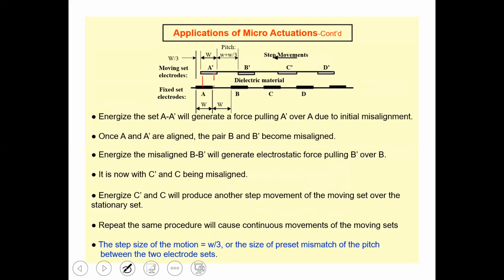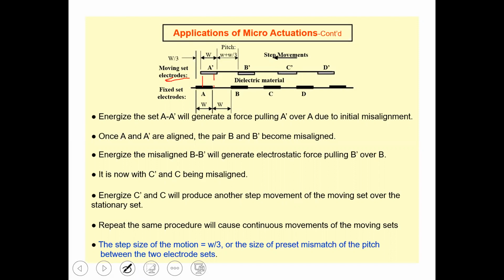So when the voltage is applied, an electrostatic force will be generated. This electrostatic force will pull this towards it, right? Because this is fixed and this is moving, it will move in this direction, and as it moves, A and A become overlapped and aligned, right?